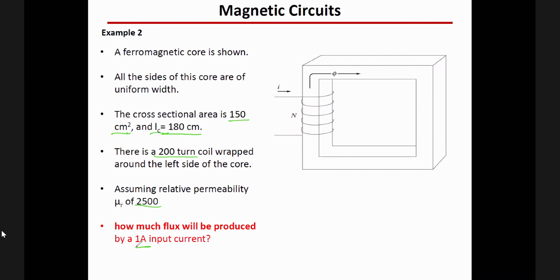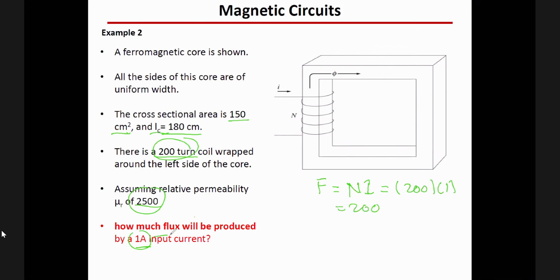So it's almost the opposite compared to the previous part B. We have the input current, we have N, so we can find F, right? But we need to find R. N is 200 multiplied by 1, so F is equal to 200.